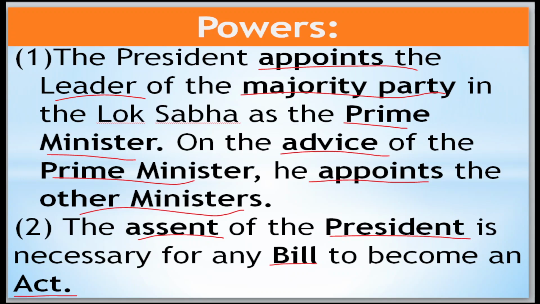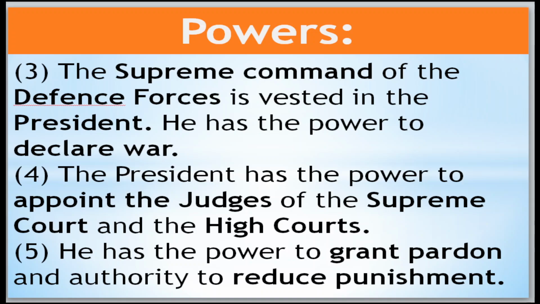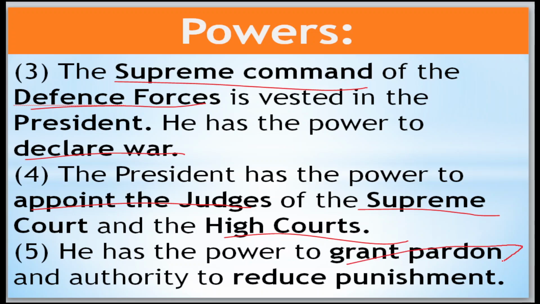Now move to the next powers. The third power is that the president is the supreme commander of the defense forces. He has the power to declare war and even peace. The president has the power to appoint the judges of both the Supreme Court and the High Courts. He has the power to grant pardon.